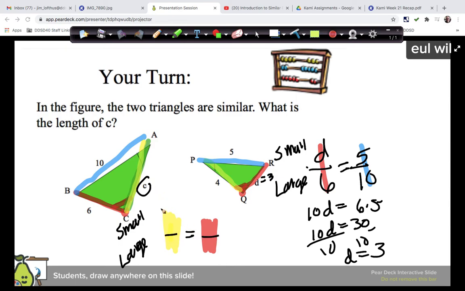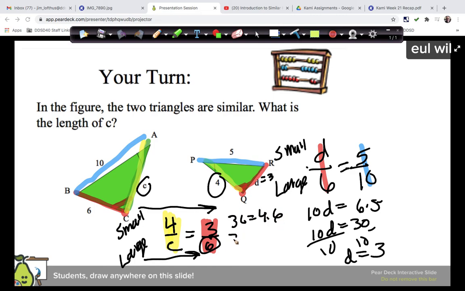So my small yellow number is right there, 4. My large yellow number, I don't know, so I'm going to put that letter C. My small, so I'm looking this direction, small red is 3. We just figured that out. Large, going this direction, large red, that's what this is, 6. 3C equals 4 times 6. 3C equals 24. Divide by 3, C is equal to 8.